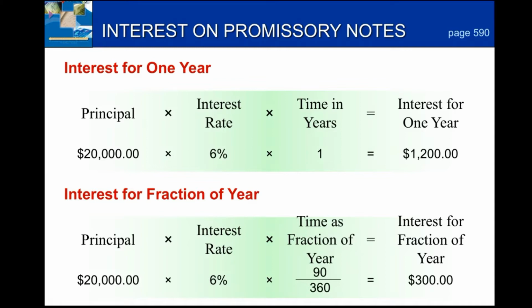It's important to note that whether you are giving a loan or receiving a loan, you calculate interest the exact same way. Also, many businesses will use 365 days a year, and others use 360. Both are acceptable, but the textbook will always use 360 days a year. So don't let that confuse you.